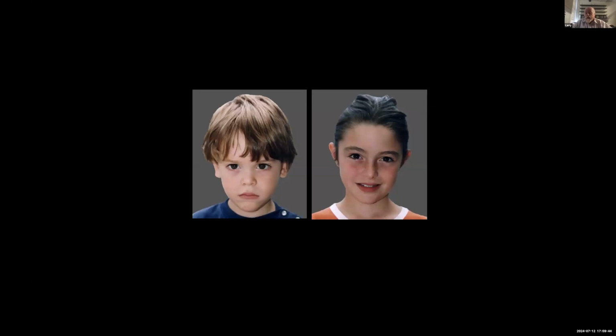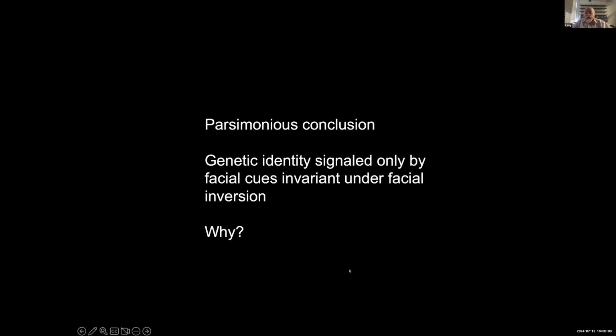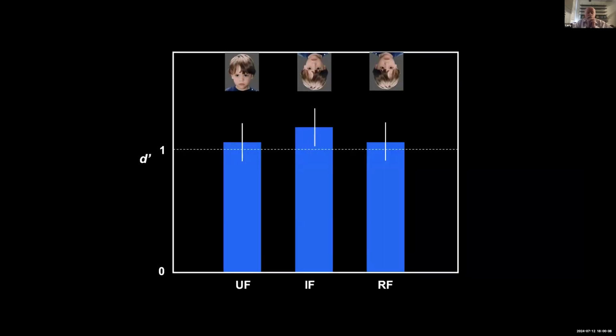All right. So, here are the conditions. There's two ways to invert a face, which you know well from Photoshop commands and also PowerPoint. So we did both. We flipped horizontally or we rotated. And that's it.